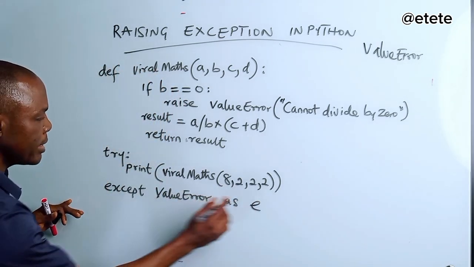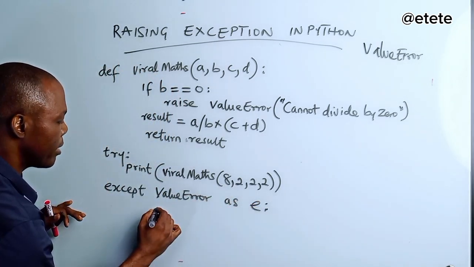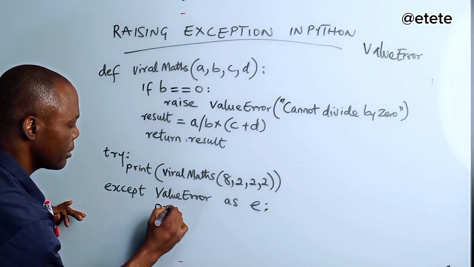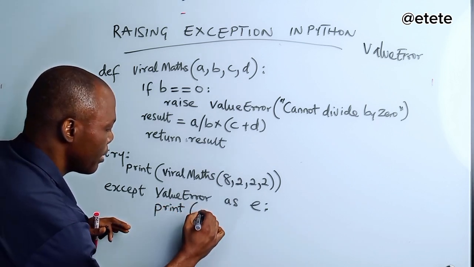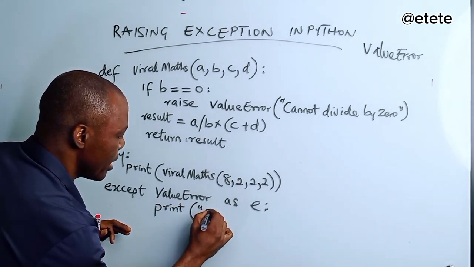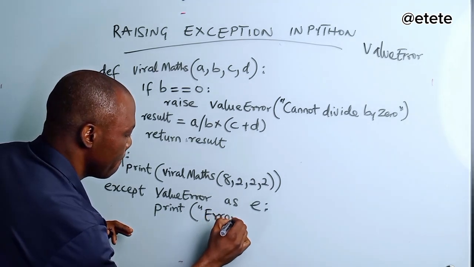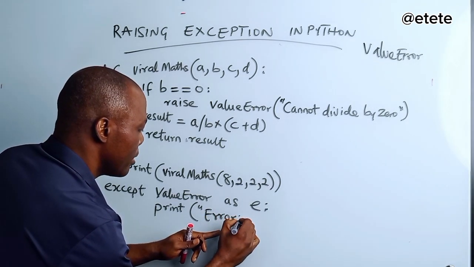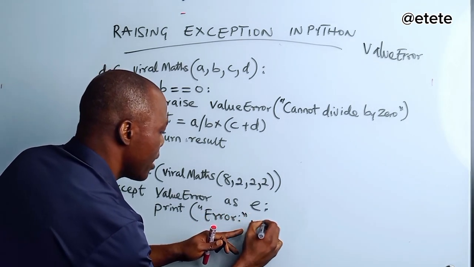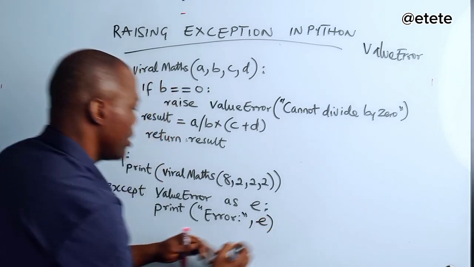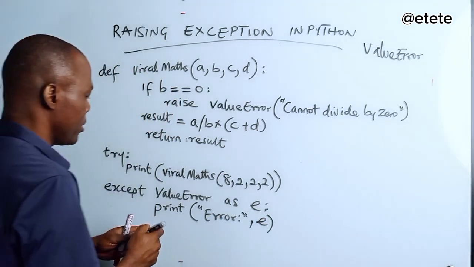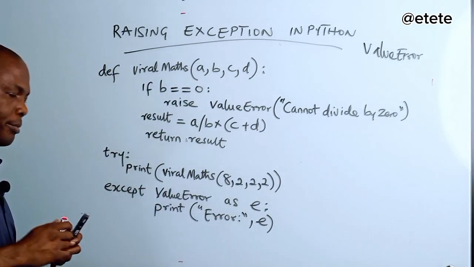Then inside this one, I will say print, parenthesis, error, then comma, I'll put E inside here. All right, so this is my program.